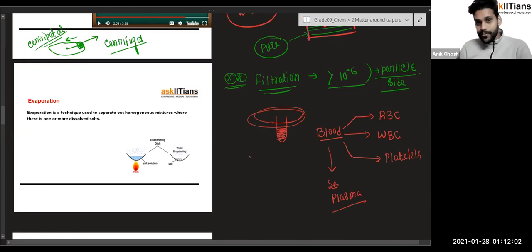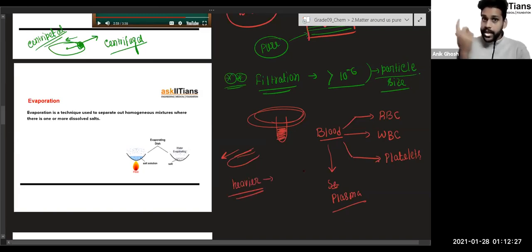When the entire test tube is rotating, the particles which are heavier would feel greater force, isn't it?